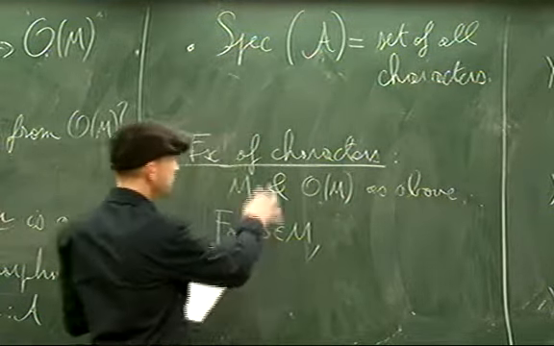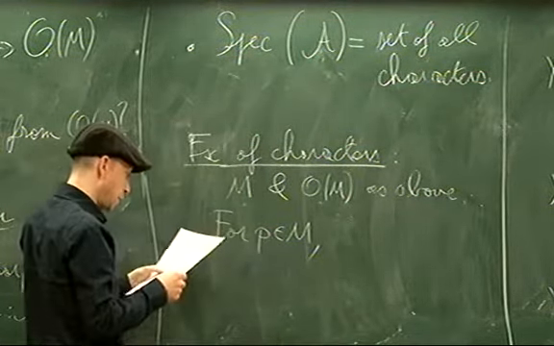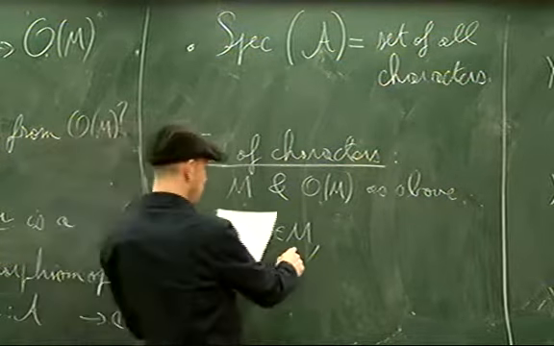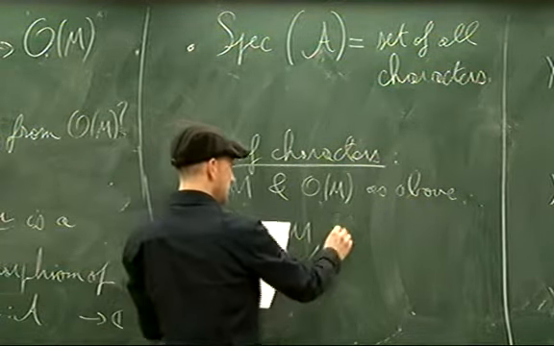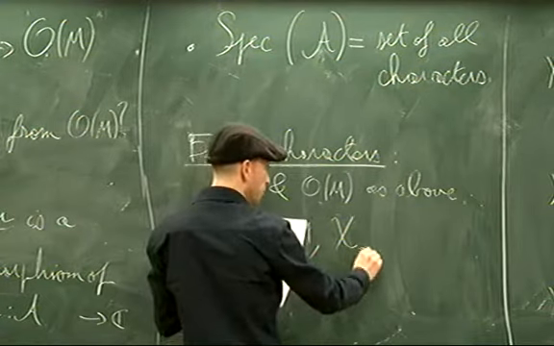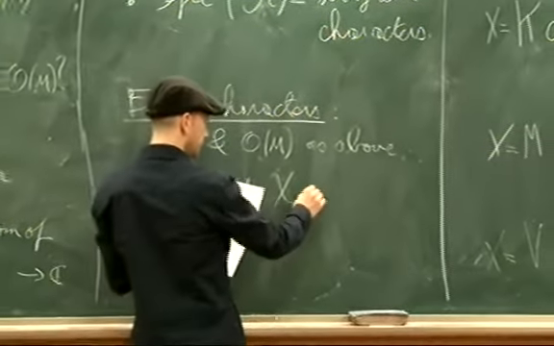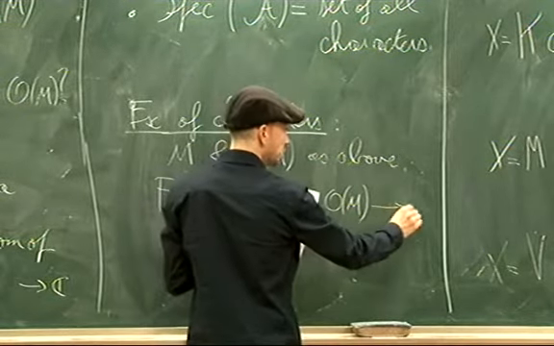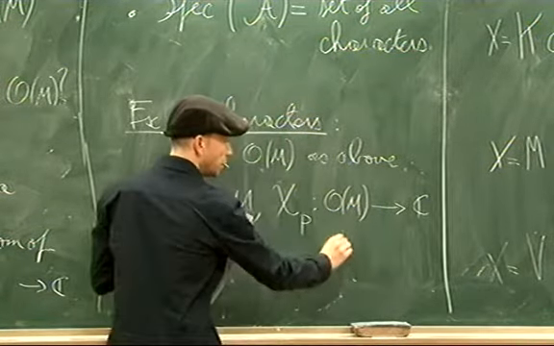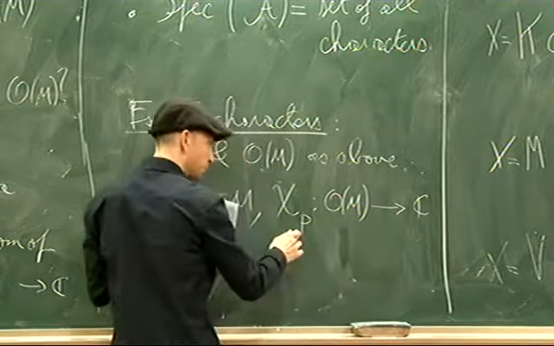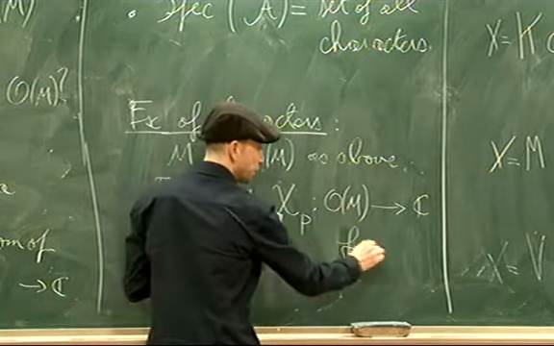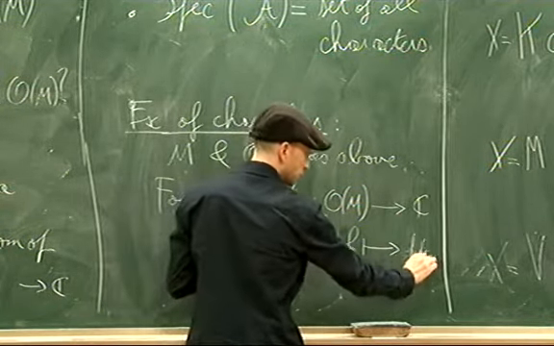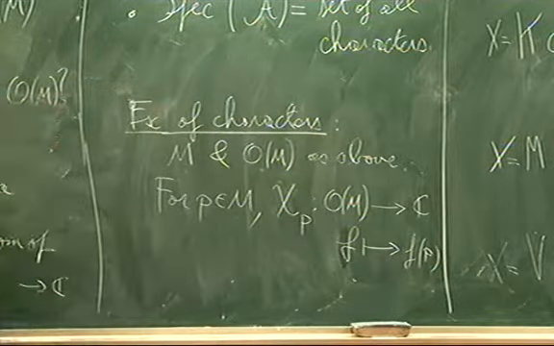An example of a character comes from just giving a point. Every time you have a point in the manifold, you have what is called a point character, and it's very simple to define. It's just the evaluation: given a point P, every time I have a function, I can evaluate it.